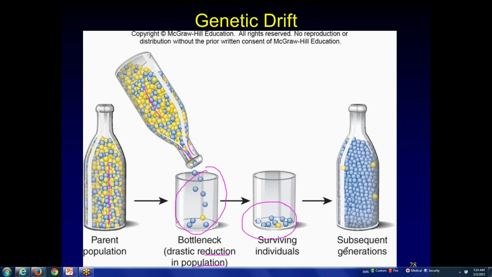And so in subsequent generations, you almost only have the blue variety, only a few yellows survive. See how this population, represented by this bottle, has much lower genetic diversity compared to the original population, which had high diversity. Again, that's all genetic drift.